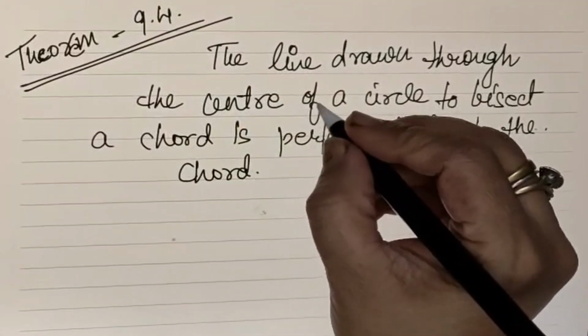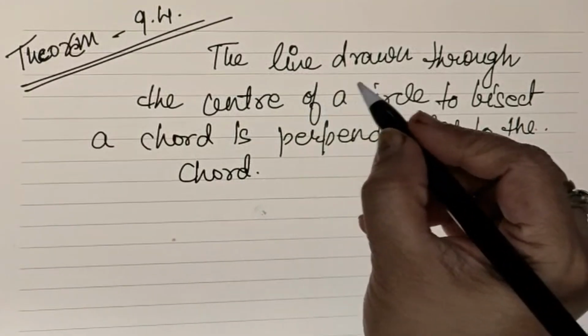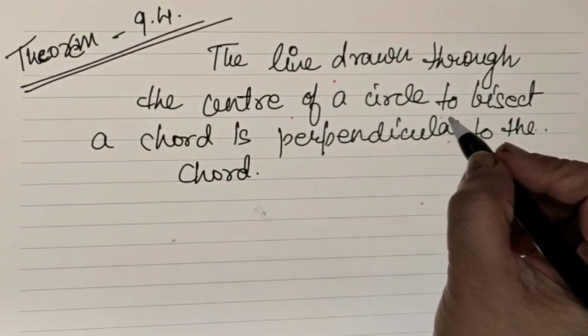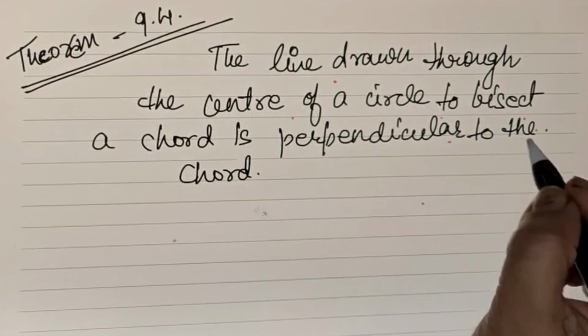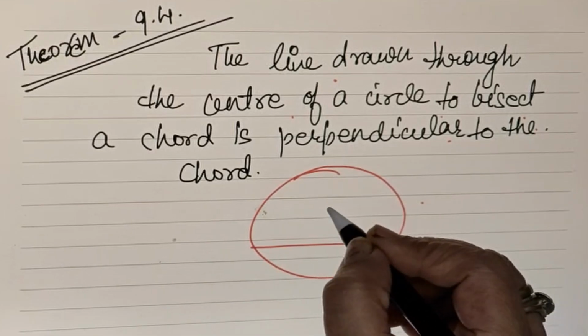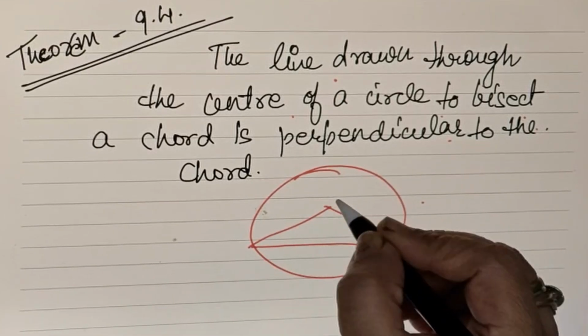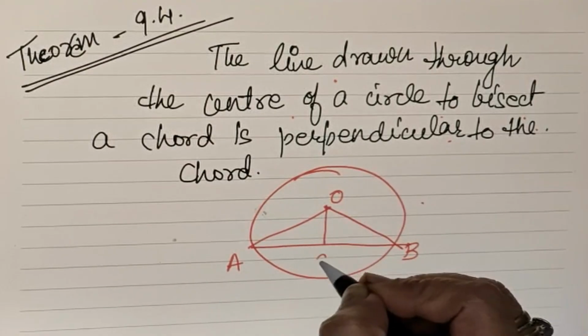Next theorem, 9.4, which is the converse of 9.3: the line drawn through the center of a circle to bisect the chord is perpendicular to the chord. Now, this is your figure. This is like this, O, A, B, and this is point C, correct?